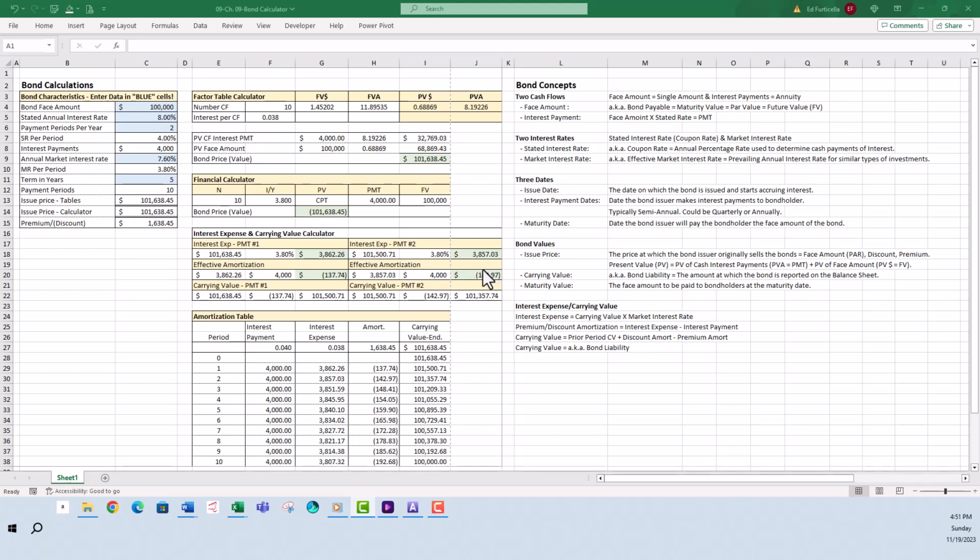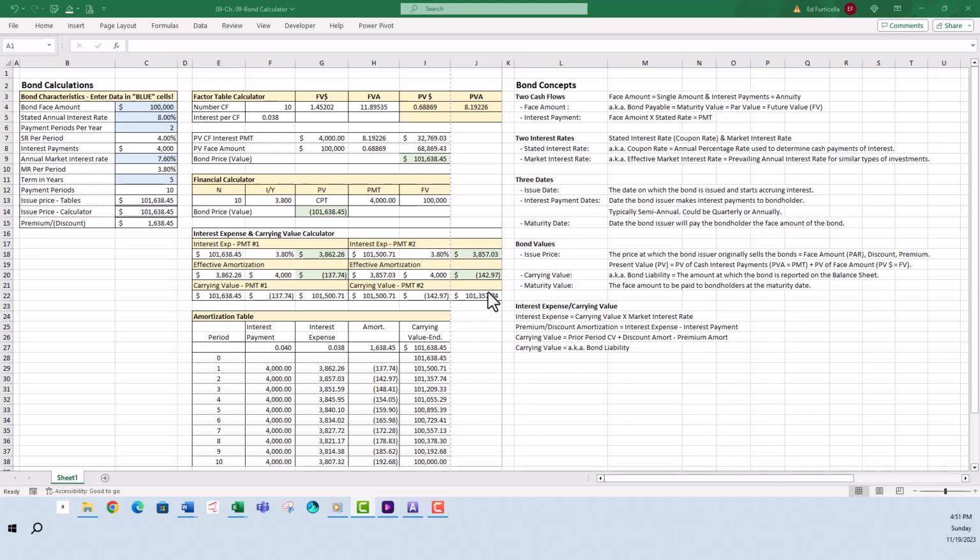We have amortized another $142.97 of the premium. The new carrying value amount after payment 2 is the carrying value from the prior period of $101,500.71 minus $142.97 amortized, or $101,357.74.